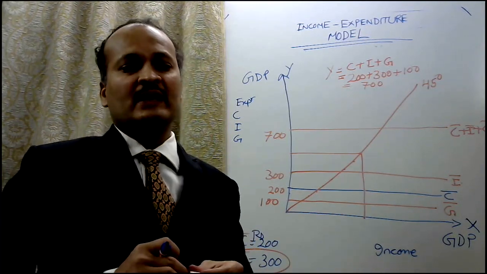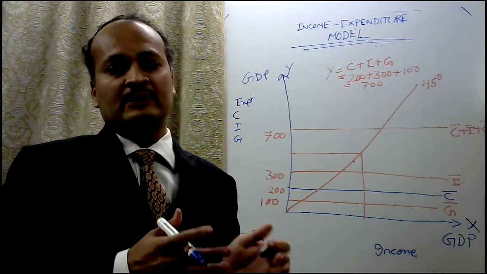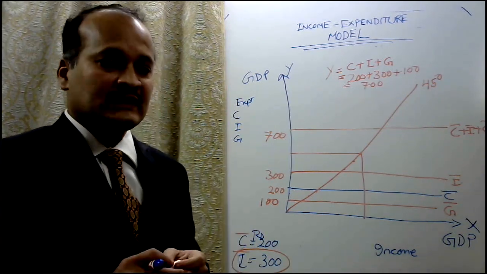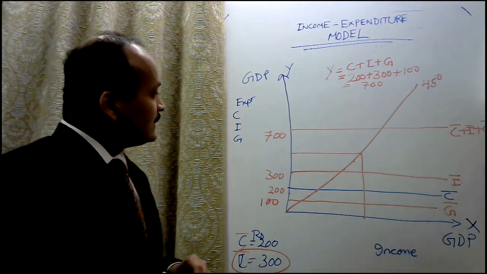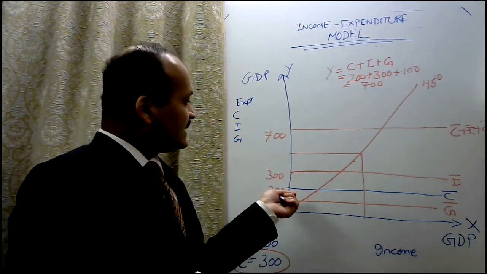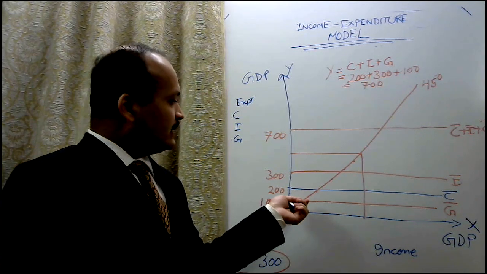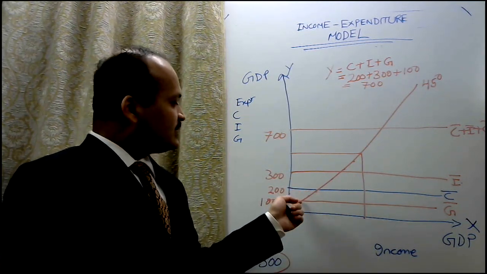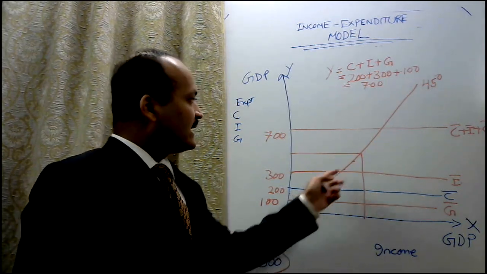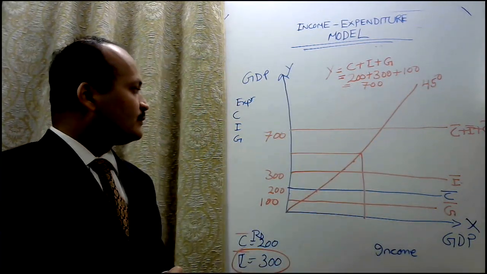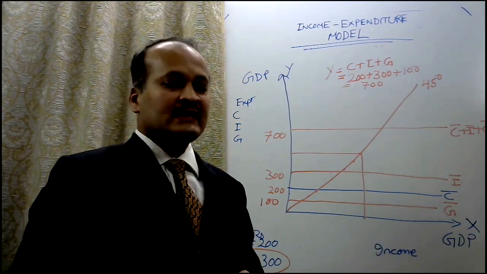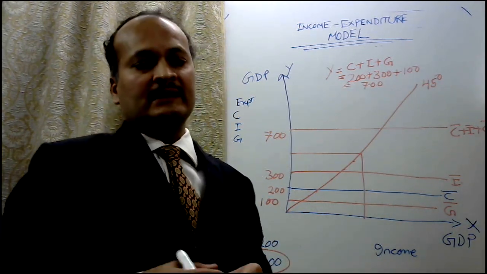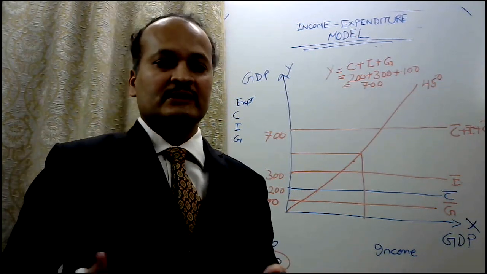The same applies to all concepts. We can look at each concept either from an ex ante sense or from an ex post sense. So in an ex post sense, each point on this line is an equilibrium point, because whatever has been spent, that much income would have been generated, because somebody's expenditure is somebody else's income.